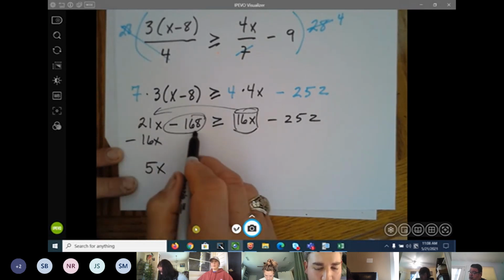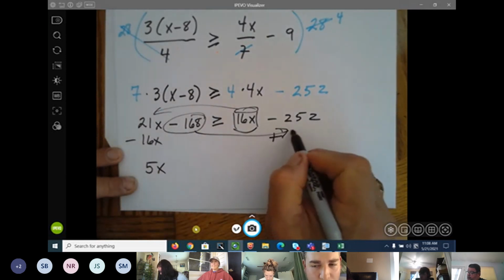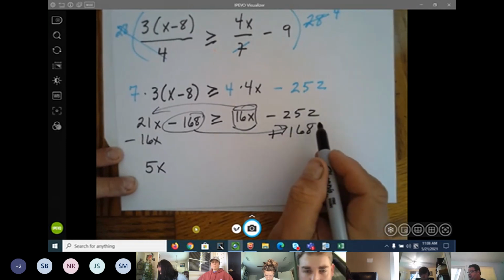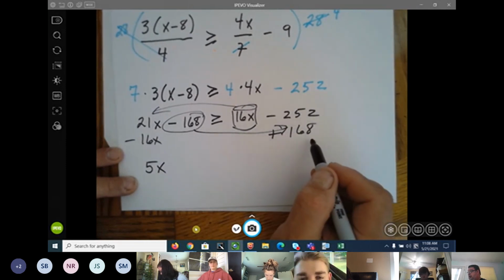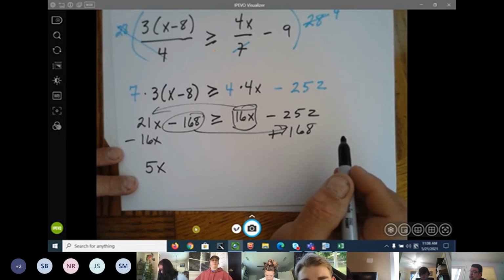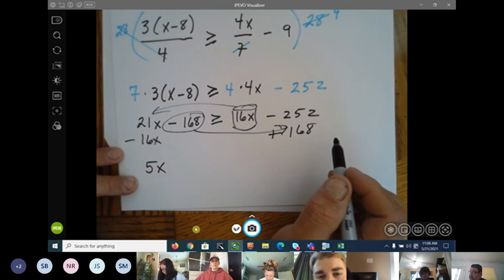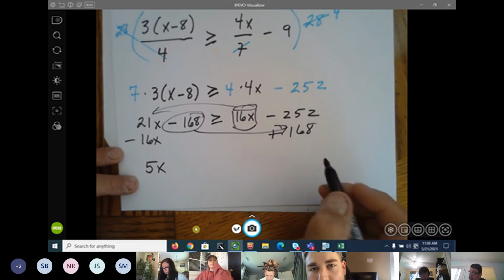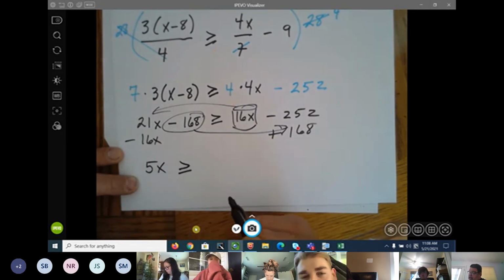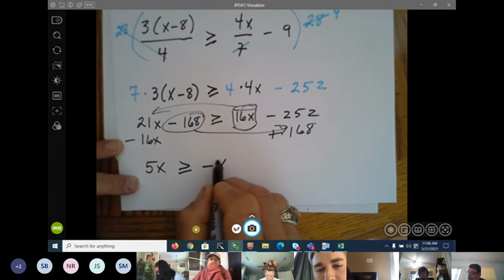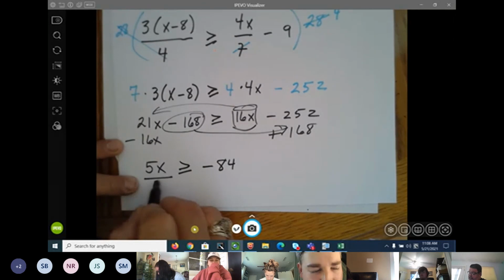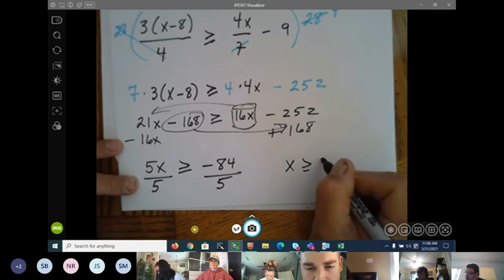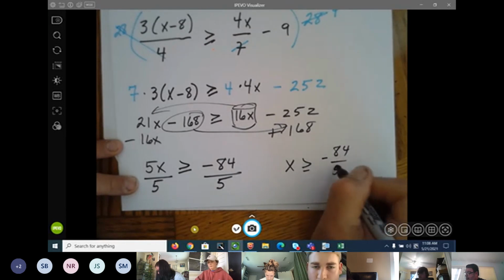Take this 168 across the river. Somebody needs to do this for me. What's negative 252 plus 168? Is it negative 84? Yeah, negative 84. Divided by 5. And x is greater than or equal to negative 84 fifths.